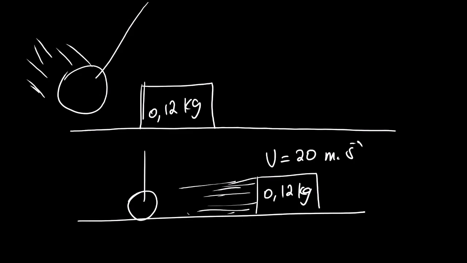Another example, let's say we have this stationary block which was not moving, and then it was hit by this ball. This is diagram A, this is B. At diagram B, the object is no longer stationary, it's actually moving.